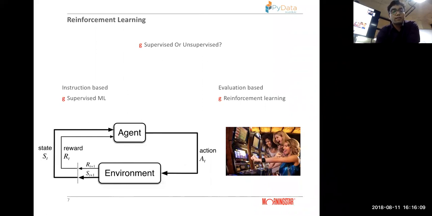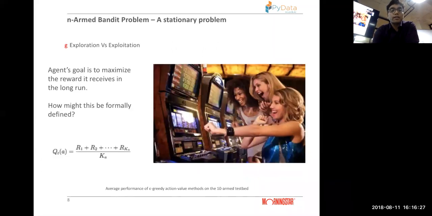So she gets a reward, and that goes into the mind of the agent. Let's say she plays a machine a lot of times and does not get a reward. She understands this machine might not do something for me. So then she shifts to the other one. This is a very common sense kind of thing, but how to put it in a mathematical way, like how to go about exploring the machines in a way that optimizes my rewards.